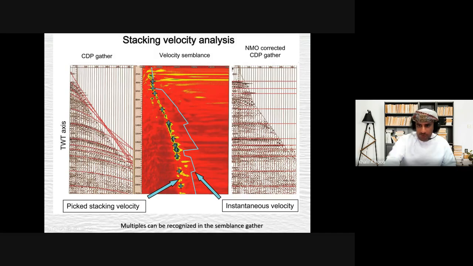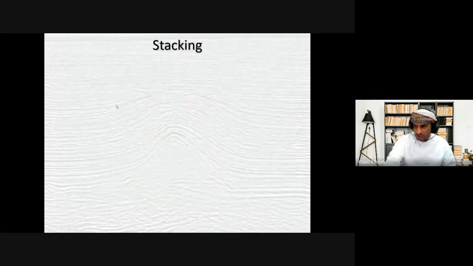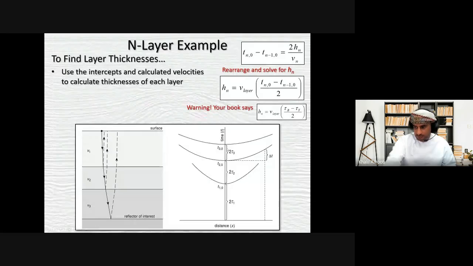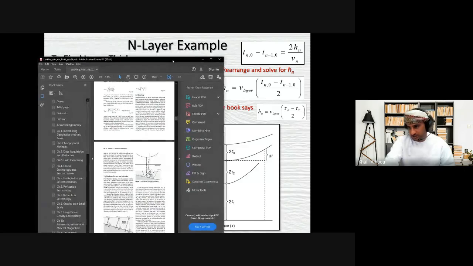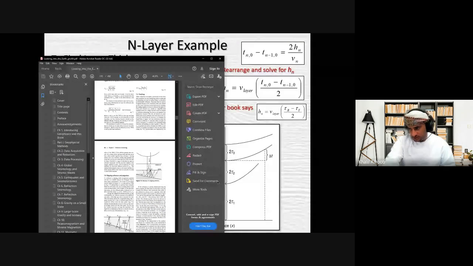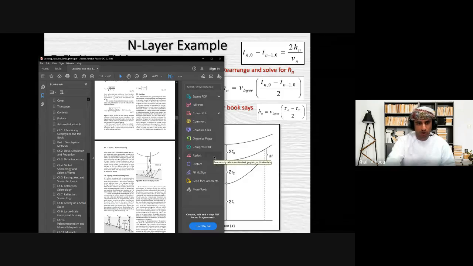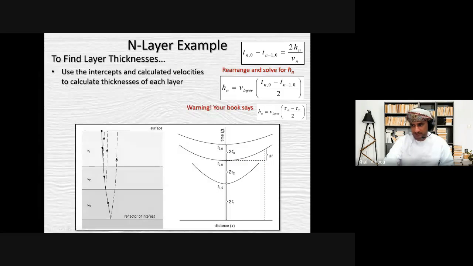These are hyperbolas. This is similar to what you see here, except this one is one-sided. What I mean by one-sided is that only one side is covered. It's one-sided because it's an off-end survey. It's not a split spread survey. This is a split spread survey.